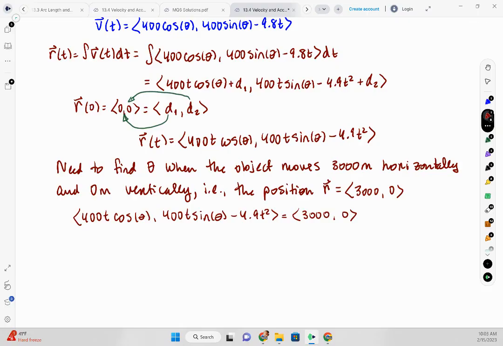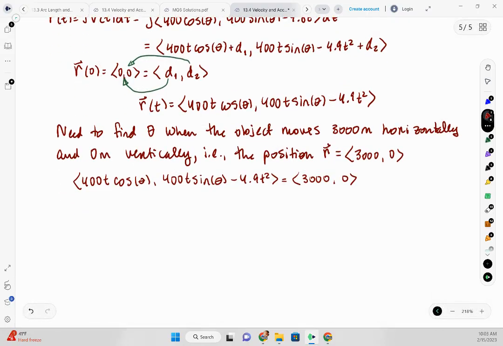And so we're going to equate coefficients and see if we can come up with a system of equations that we can solve. Equating the first components gives us 400t cosine of theta is equal to 3,000. Equating the second components gives me 400t sine of theta minus 4.9t squared is equal to 0.